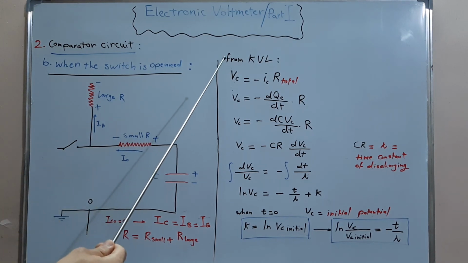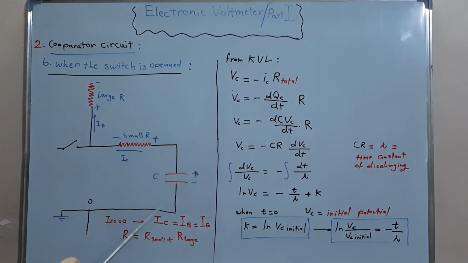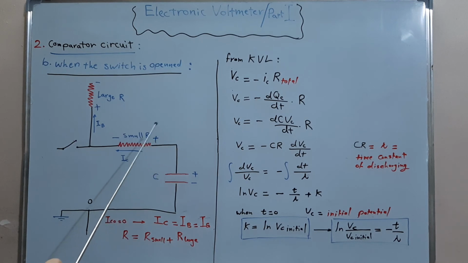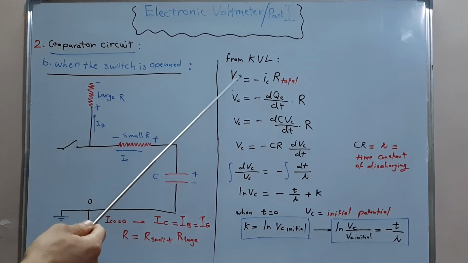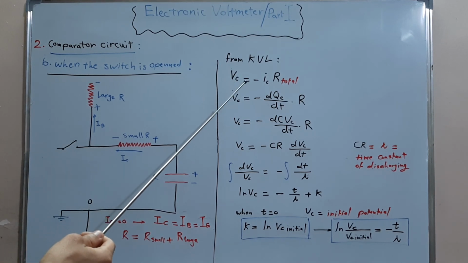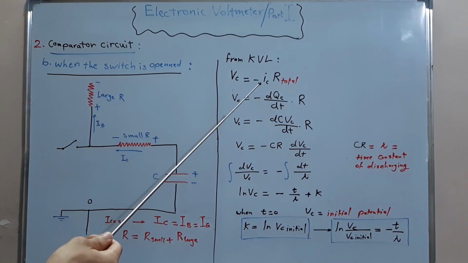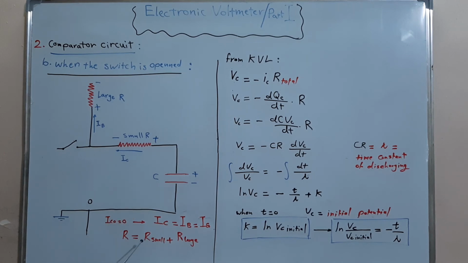From Kirchhoff's voltage law, the potential difference between capacitor plates is equal to the voltage drop in this resistance and in this resistance, which is equal to minus IC multiplied by R total, which is the sum of the small resistance and large resistance.